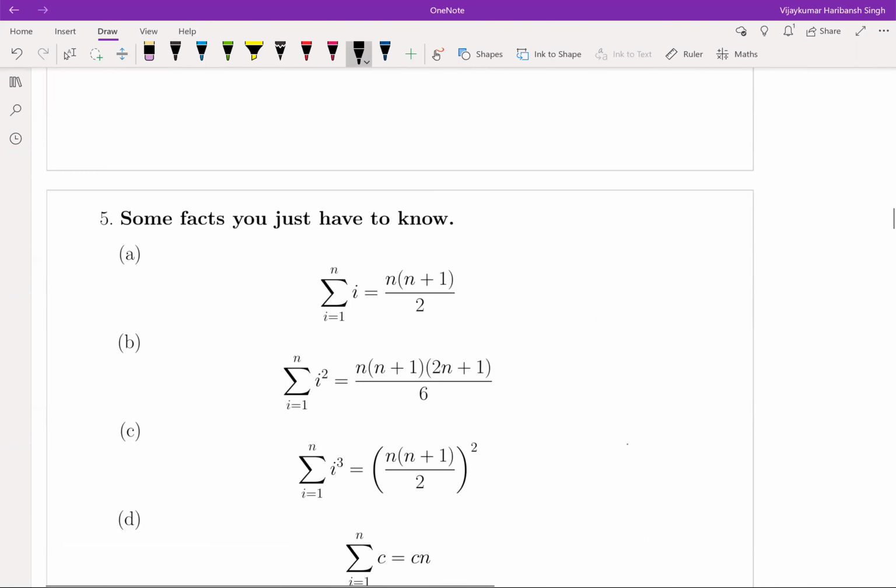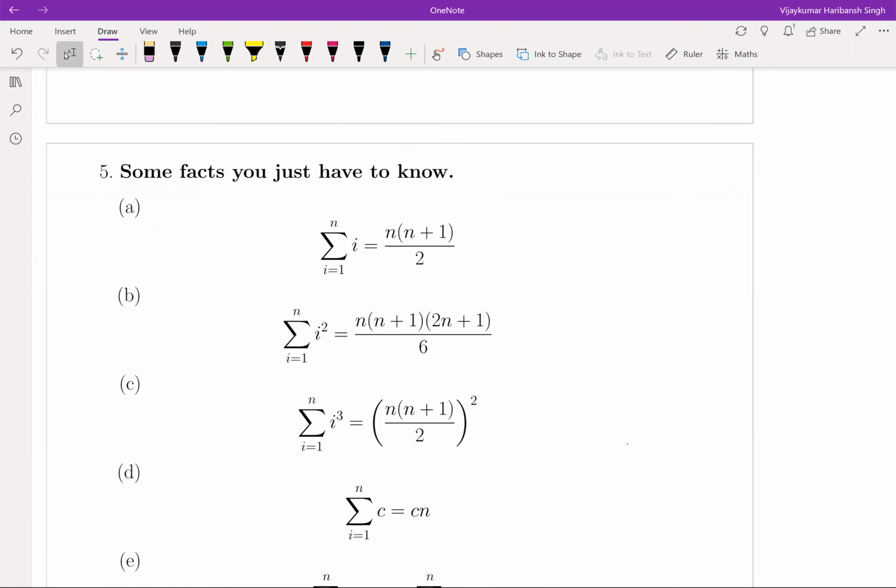Now, a few more facts you need to know while solving a problem. Summation i going from 1 to n of i is n(n+1)/2. Summation of i squared, i going from 1 to n, is n(n+1)(2n+1)/6. Summation i going from 1 to n of i cubed is the same as the formula for summation i, except this is squared.